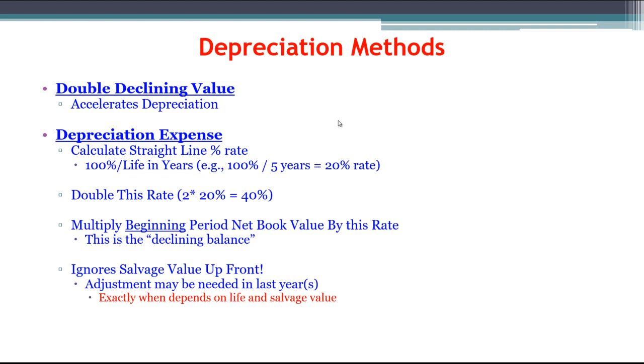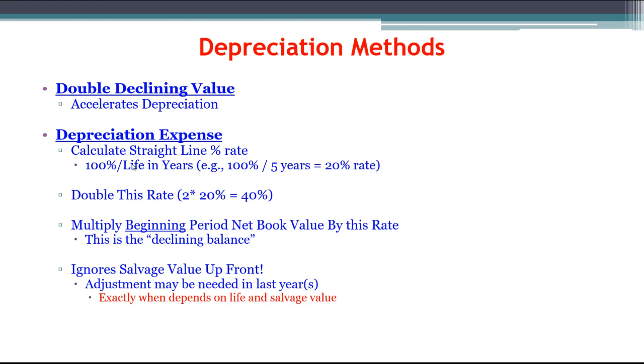You could have also done that in a percentage format by taking 100% divided by the number of years in the asset's life. And in this example with a 5-year life, we would have got 20%. Or I think earlier it might have been a 10-year life, so it would have been 10%, 100% divided by 10 years. Of course, this is multiplied by the depreciable cost.